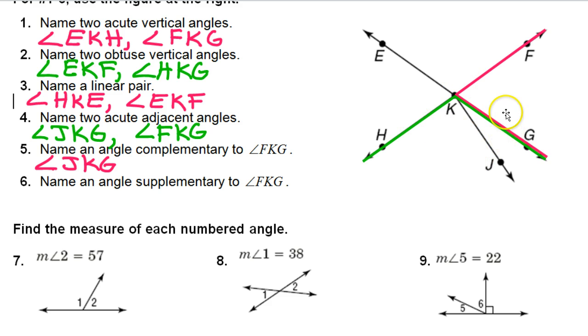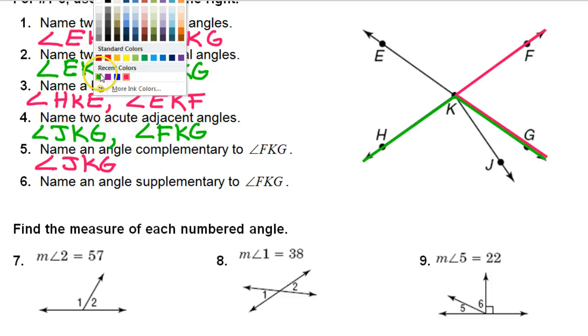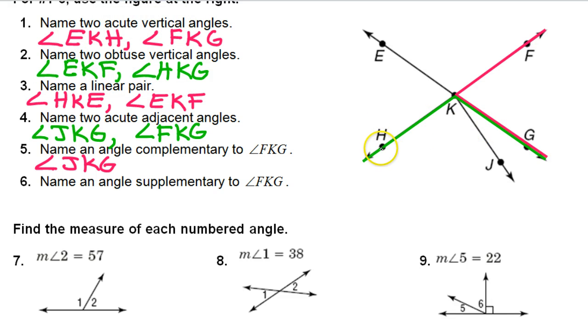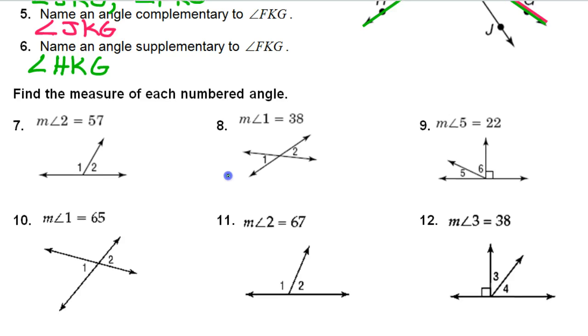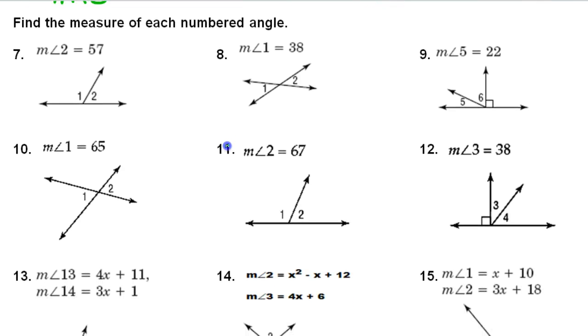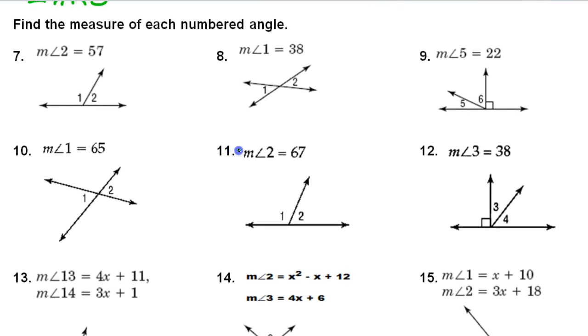So I'm doing this one. Why don't you do this one, to show that you're not copying right off the answer key. Okay, but I'm going to use this one down here. HKG would be supplementary. Okay, more than one right answer. So that's it for the naming business.